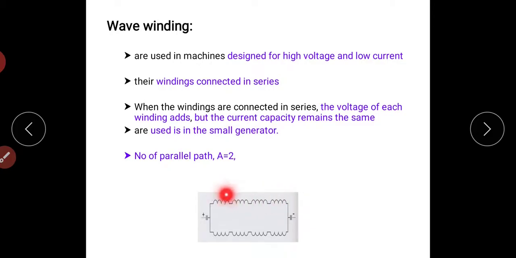The number of parallel paths is represented by capital A. For wave winding, the number of parallel paths always equals 2, but in lap winding, it equals the number of poles.